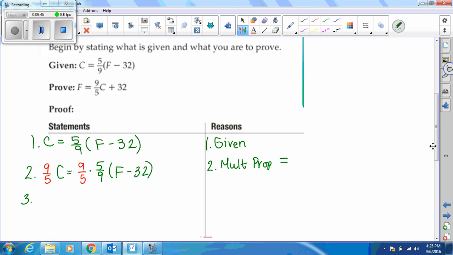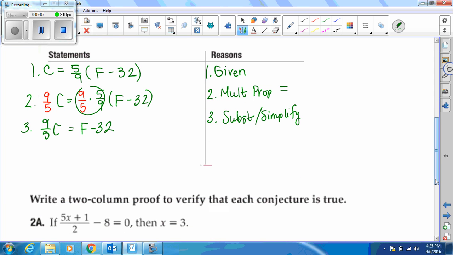And then that would give me 9/5 C. And then those would cancel out here. They would cancel, and I'm left with F minus 32. And that could be your substitution or simplify. And then I need to add 32 to both sides.